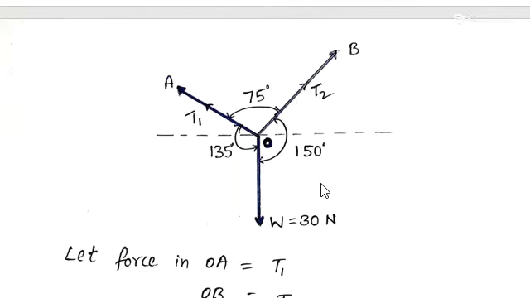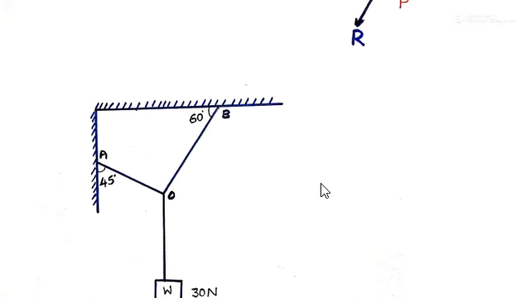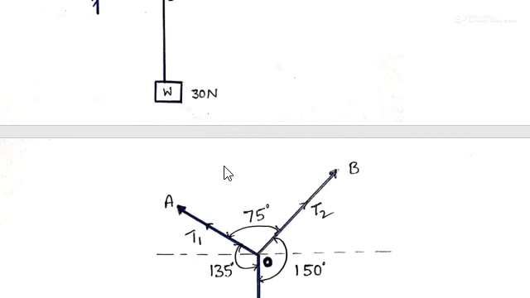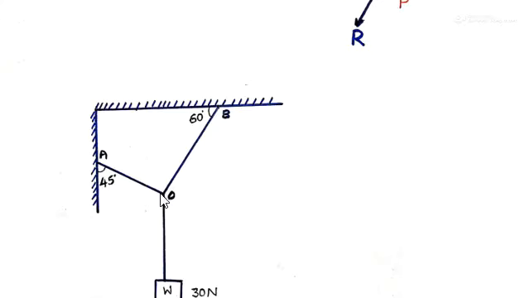Before applying it, we have to find out the angles here, here and here also, because we are taking the forces in OA and OB as T1 and T2, and W is one more force.